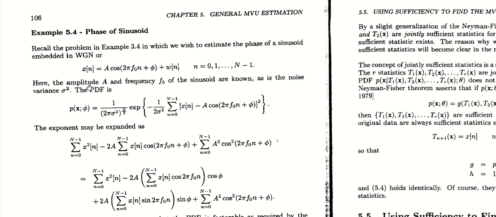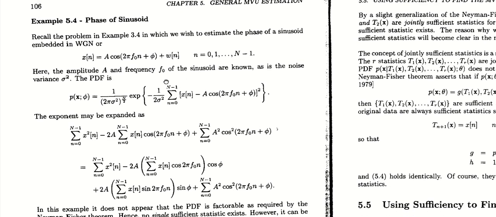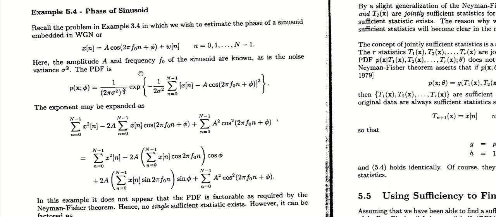Here, the amplitude A and frequency f0 of the sinusoid are known. In other words, we treat A and f0 as known, so they are not parameters to be estimated. Let's be clear about this: A and f0 are not the parameters to be estimated. The parameter to be estimated is phi here. And also the sigma square for this w is known, so it is not a parameter to be estimated.